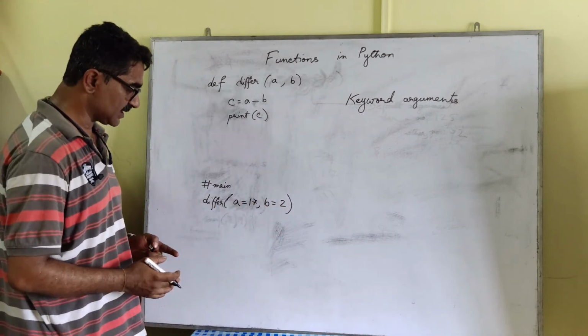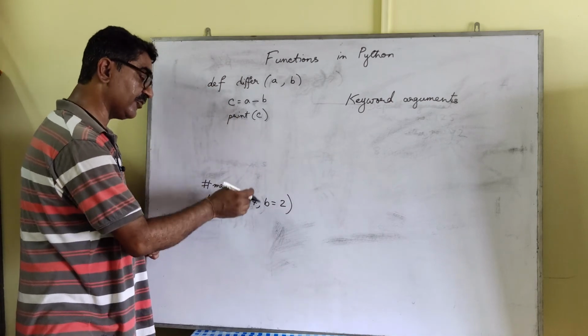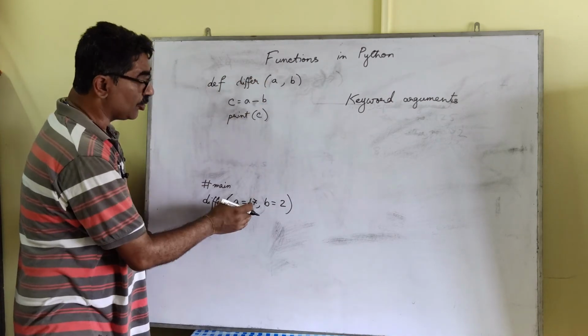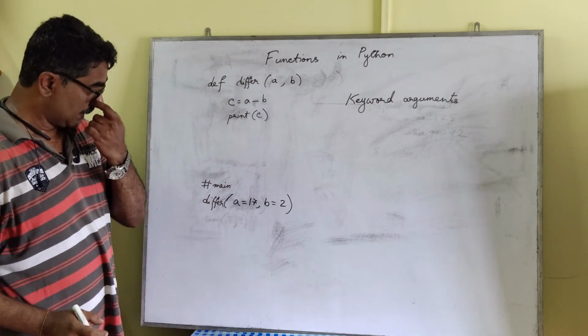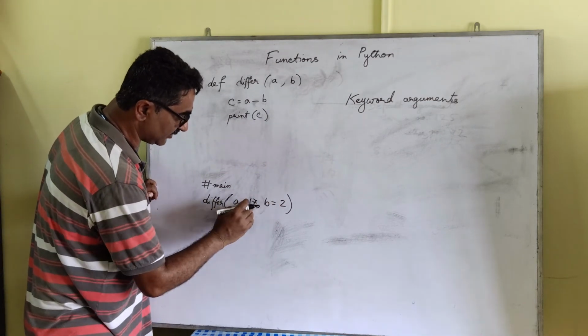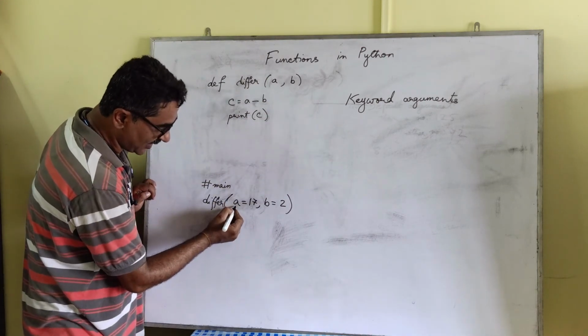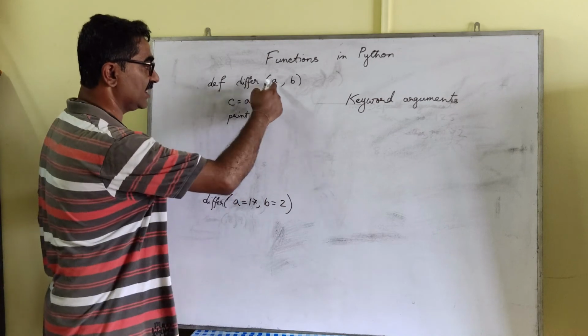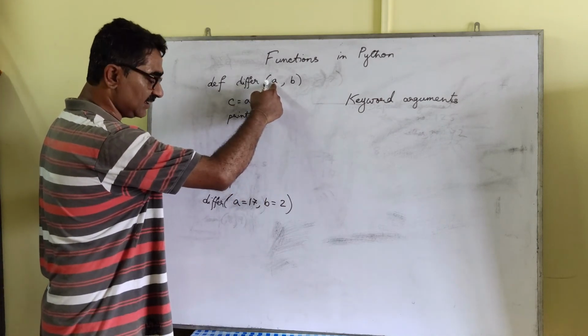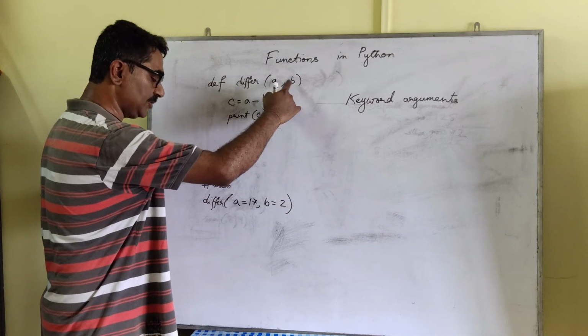This time I am calling the function, but I am specifying which value is going to which particular variable. It is not necessary that the first value should go to the first. You can see I have specified over here that a should get the value 17. So this a will get the value 17 and b should get the value 2. So this b will get the value 2.